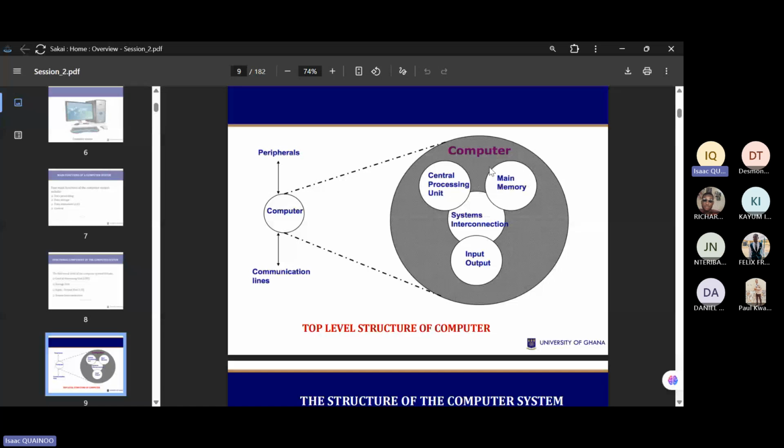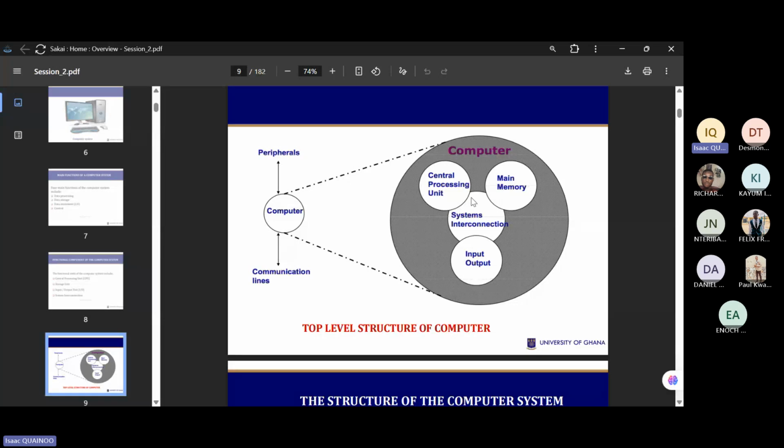A lot of devices team up to form the storage unit. The central processing unit is not a single device, but a group of interconnected devices working together to process data and give a computer its processing power. The system interconnection is also a group of devices working together, and input and output are the same.